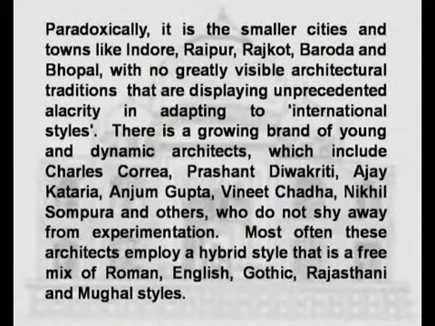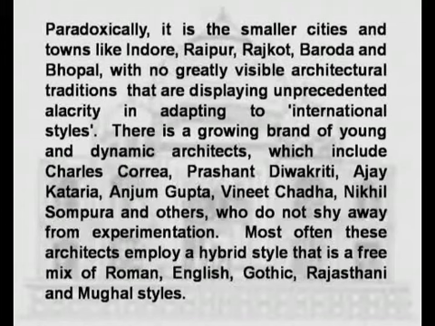Paradoxically, it is the smaller cities and towns like Indore, Raipur, Rajkot, Baroda and Bhopal, with no great visible architectural traditions like that of Lucknow, Agra and so on, that are displaying unprecedented alacrity in adapting to international styles.